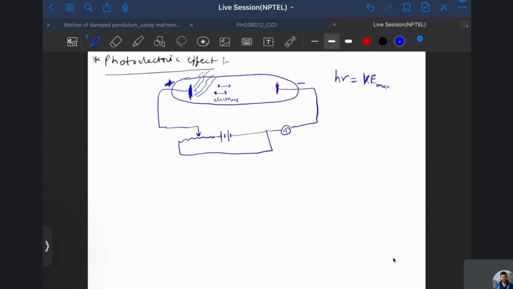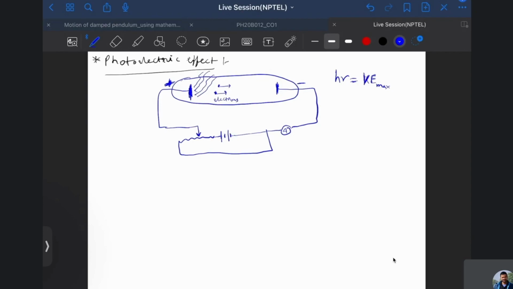But it's not that all the energy the photons give to the metal is converted into the kinetic energy of the electrons. The electrons are not freely moving inside the metal.